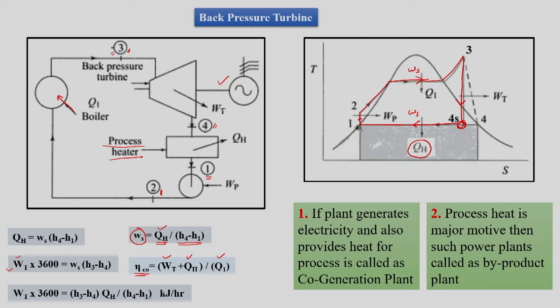A process needs high temperature steam, which is a constant temperature source. That steam will be available if we work at pressures higher than atmospheric pressure. So, a back pressure turbine will have an exhaust pressure generally more than atmospheric. Such turbines, where the exhaust is given at more than atmospheric pressure and the steam is used for the process, are what we call back pressure turbines.